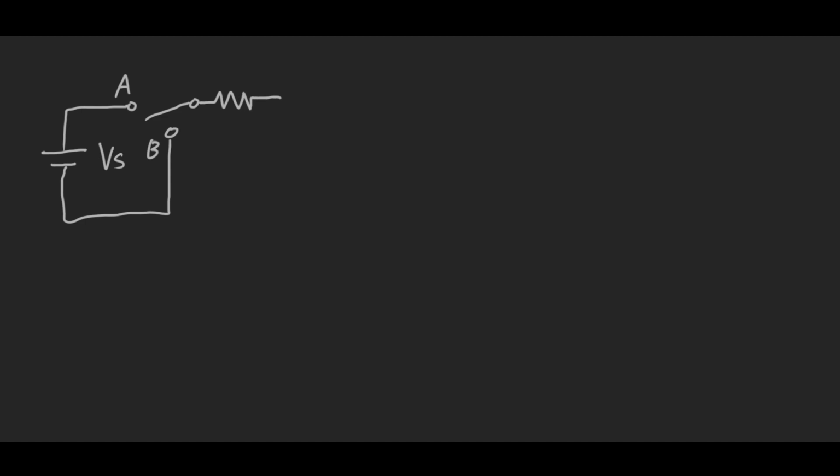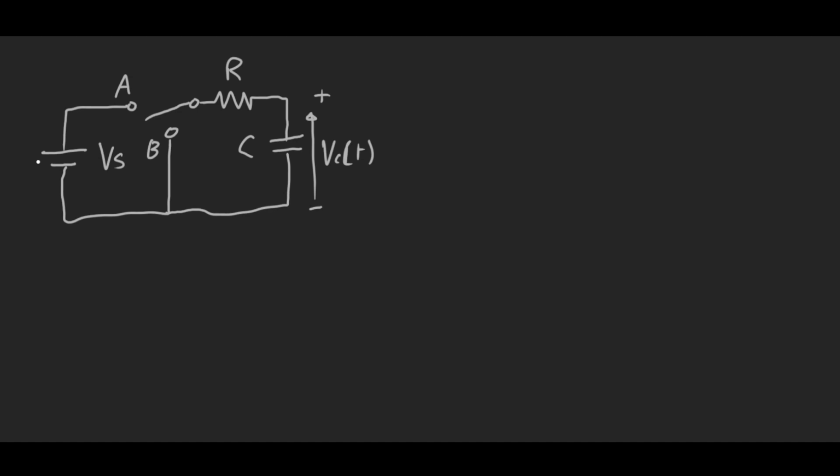Here we have a resistor and a capacitor. The resistor is R, the capacitor is C, and the voltage across that capacitor, Vc of t, is considered to be the output for this circuit.